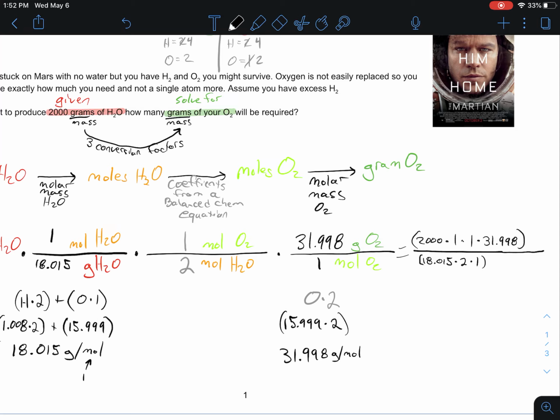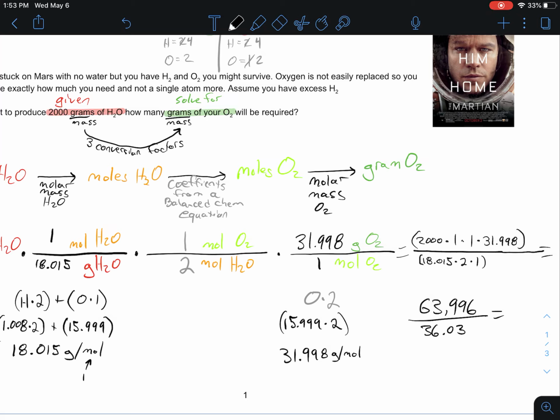If I just do this in a stepwise fashion, I will solve the top and solve the bottom. The top, the product is 63,996. Solve for the product of the bottom, and we get 36.03. Finish this one last time.